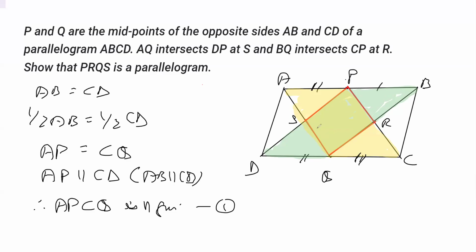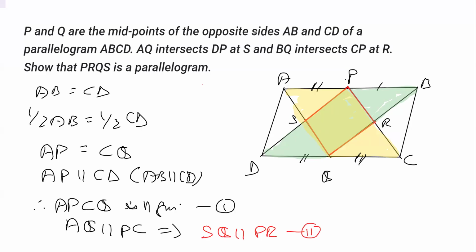But before that, since the yellow shaded figure is a parallelogram, I can say that AQ is parallel to PC as opposite sides of a parallelogram are parallel. That means we now can say that SQ is parallel to PR. So I mark this equation 1 or say 2.